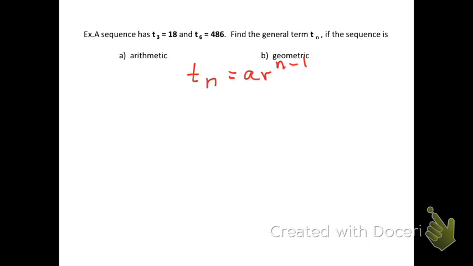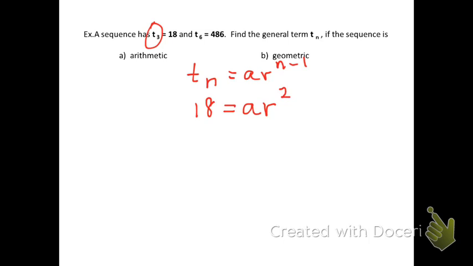And we're given the same piece of information, that term 3 is 18, so I have 18 is equal to a times r to the power of 2. Our n value for this one is 3, so r to the power of 2.